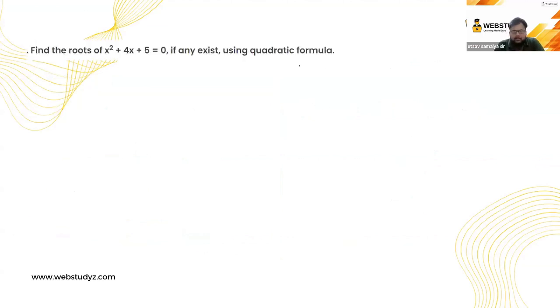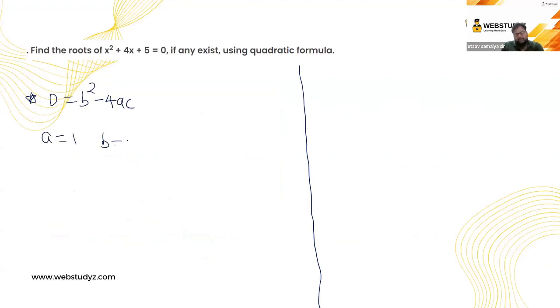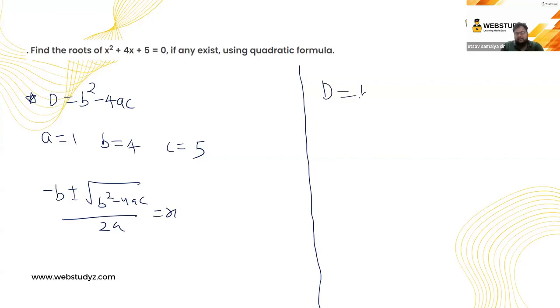Okay. Now they are asking us to find the roots if any exist. So first we will check the D, that is B square minus 4AC. So here A is 1, B is 4, C is 5. So minus B plus minus square root of B square minus 4AC upon 2A. First check D, B square minus 4AC.